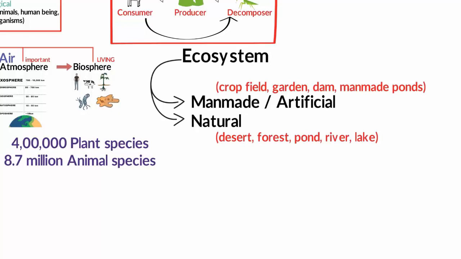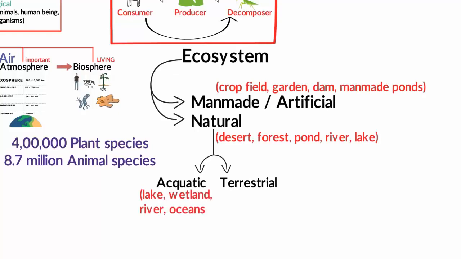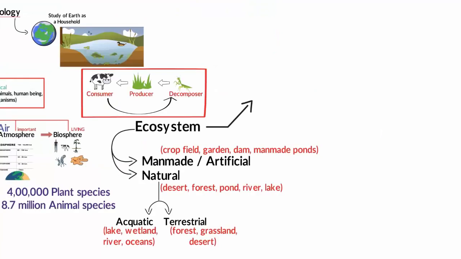The natural ecosystem is further divided into two types, that is aquatic ecosystem and terrestrial ecosystem. Under aquatic we have the lake, wetland, river, oceans, and under terrestrial ecosystem we have forest, then grassland, then deserts, etc. Let's quickly understand how the ecosystem works.